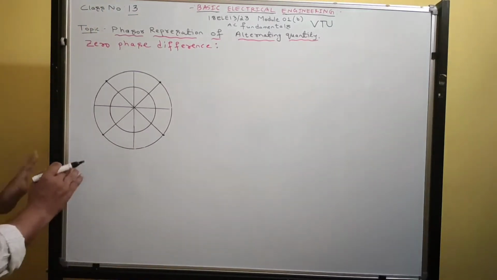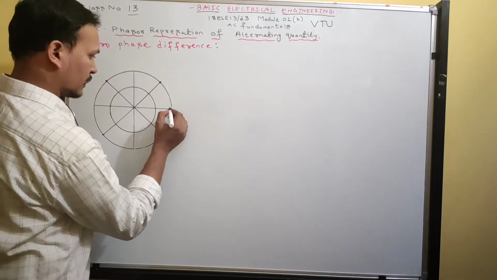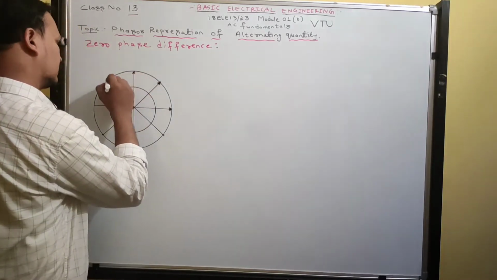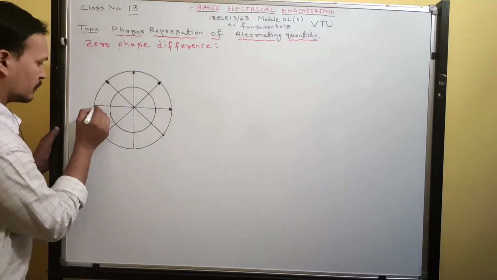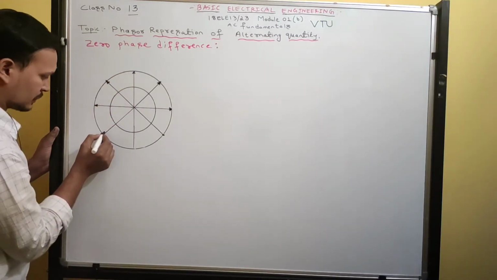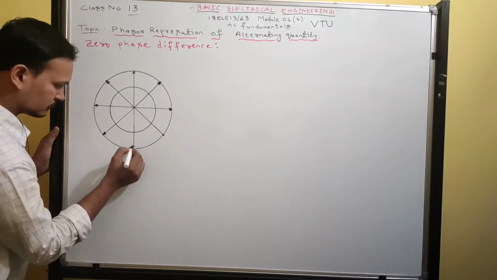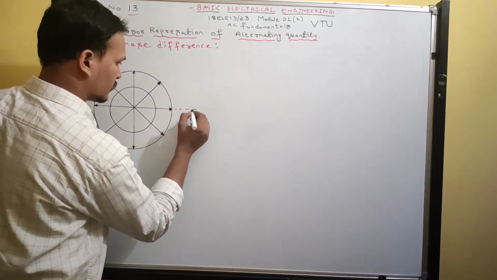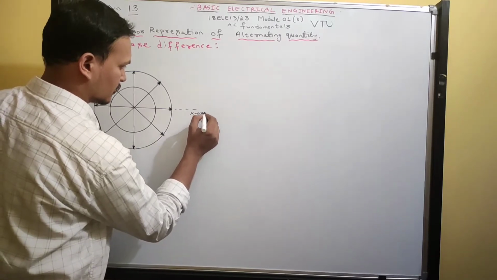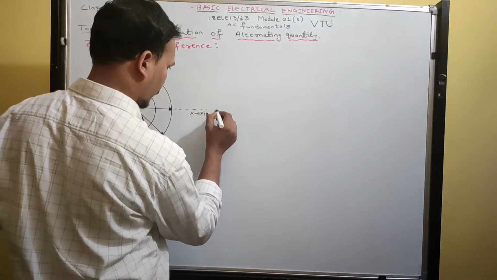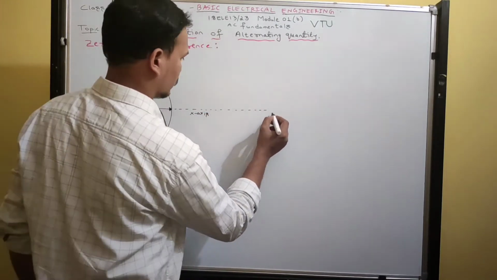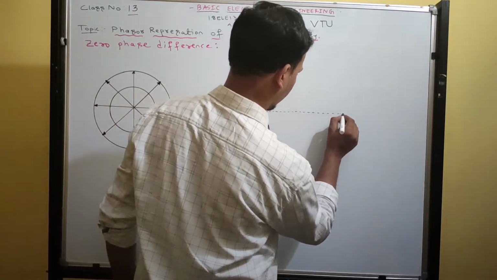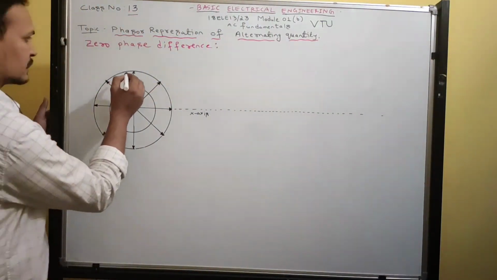Once you have completed drawing the circles, you can give the arrow marks at all the different positions. It is very easy and important for the exam; they will ask this in the exam. Write all the corners. This is the reference axis, or x-axis. Extend this line and extend this point.